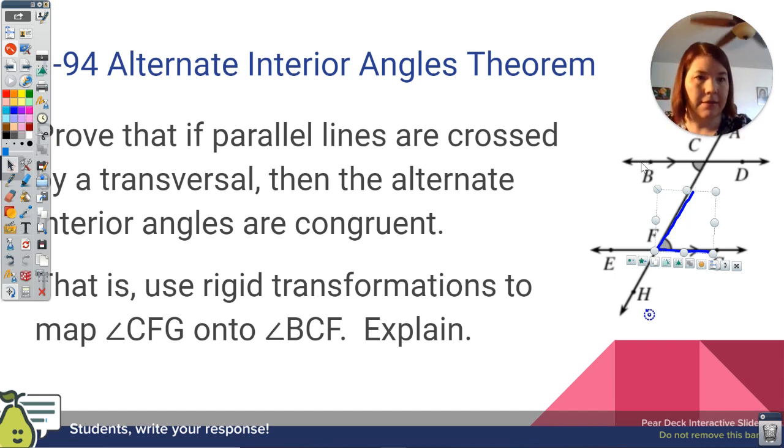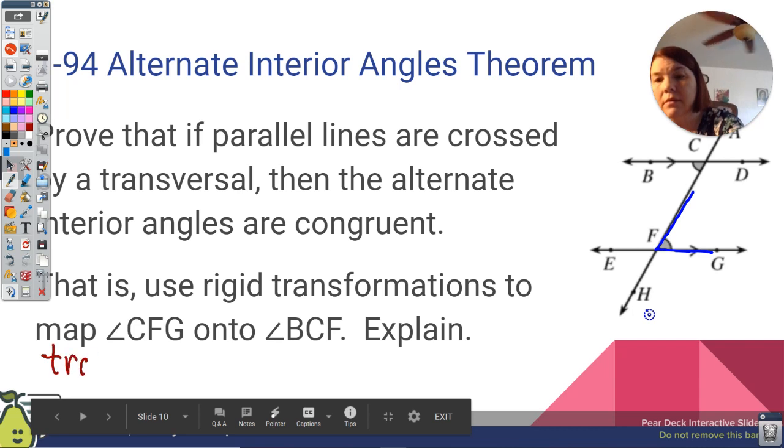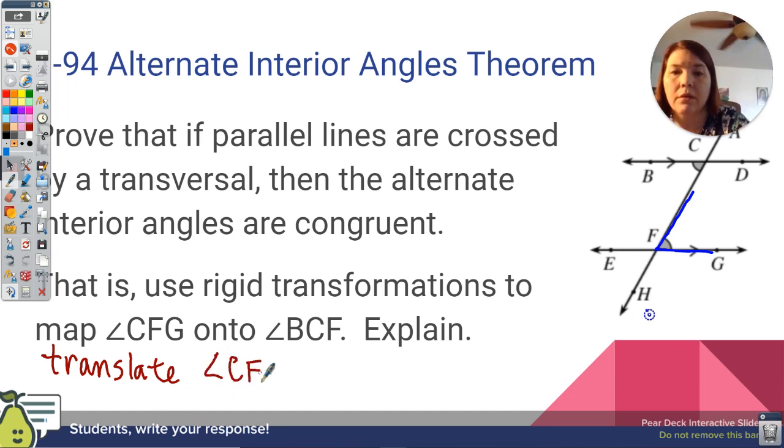The idea is that we can translate it down to EFH. So I would explain that. I can translate angle CFG. No, I went the other way.